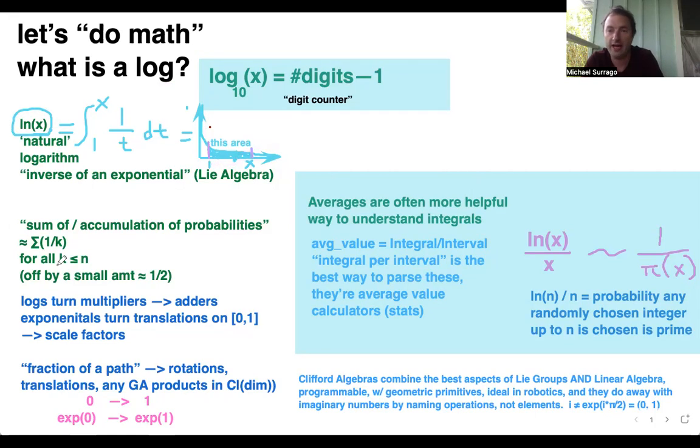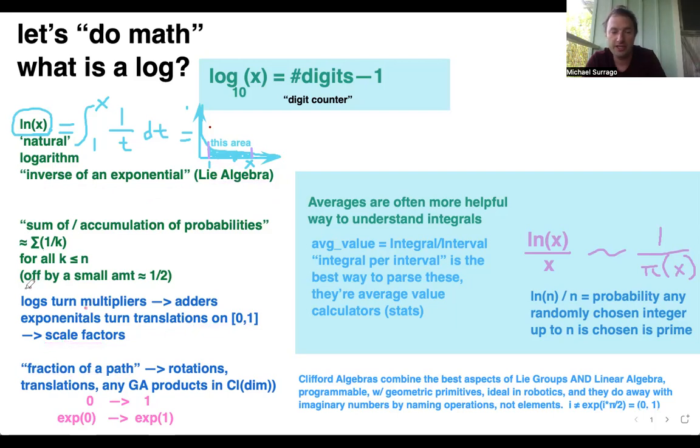logarithm of x. Another definition that's maybe more generalized, but is going to confuse some people, but I'll just put it out there for the real math nerds. It's the inverse of an exponential, and especially of a Lie algebra, which is any kind of algebra that allows you to convert a fraction of a path, or the interval translations on the interval 0, 1, and turn them into scale factors.